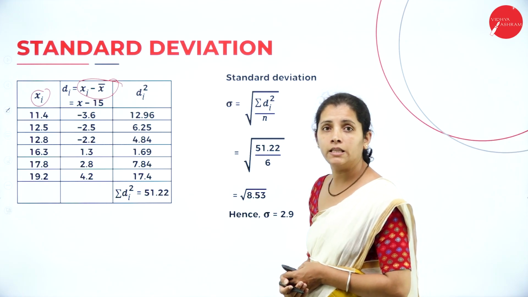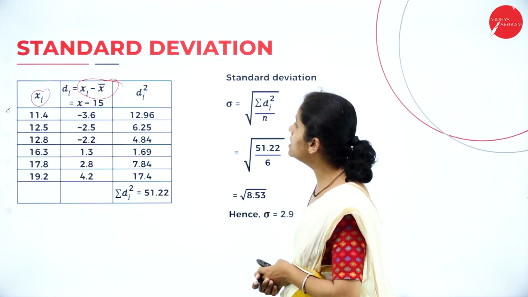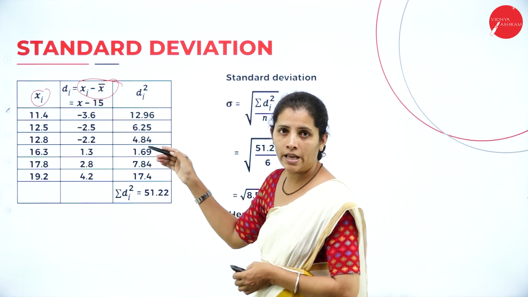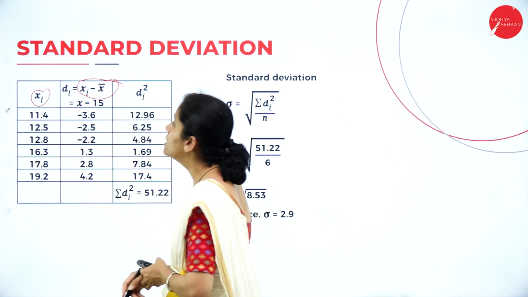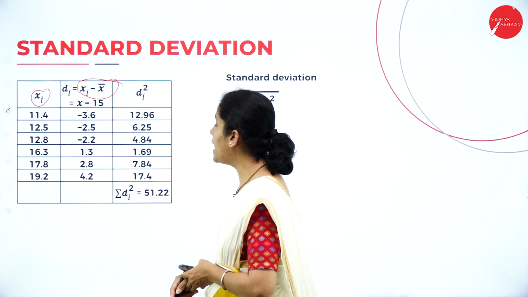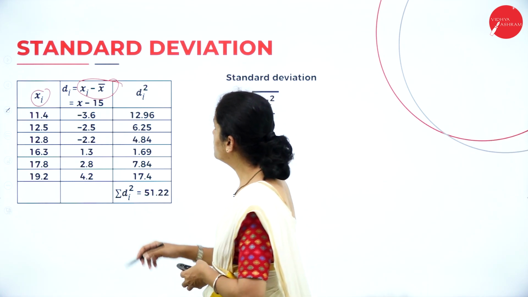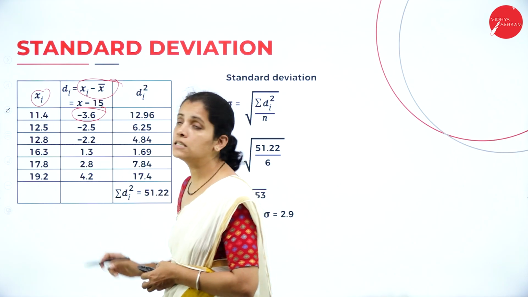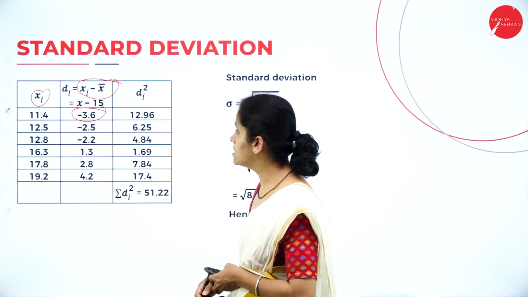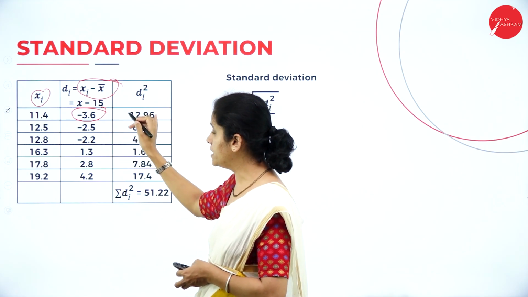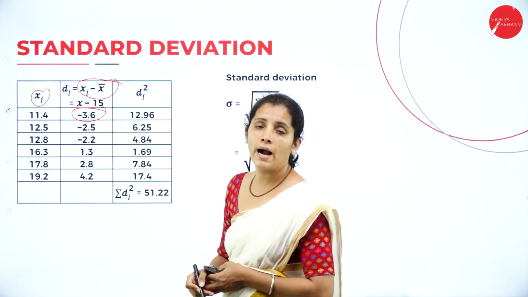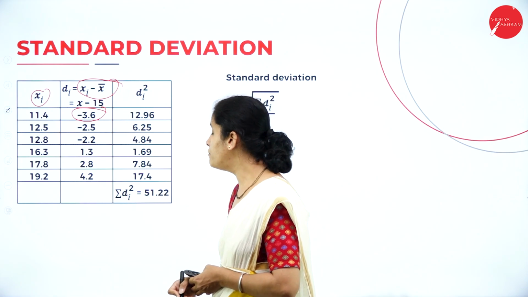That is nothing but the mean, and the mean here is 15. So xi is 11.4 minus 15, and the answer is minus 3.6. And here it is 12.5 minus 15, the answer is minus 2.5.